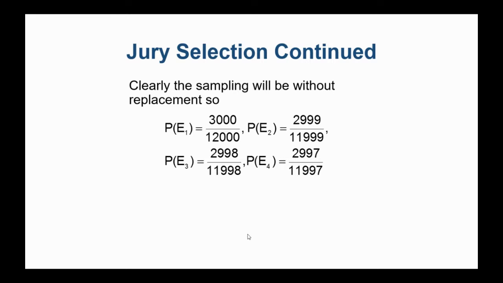How many decimal places? 6. There's a reason we're doing 6. Right now it may not make sense, but there's a reason we're doing 6.